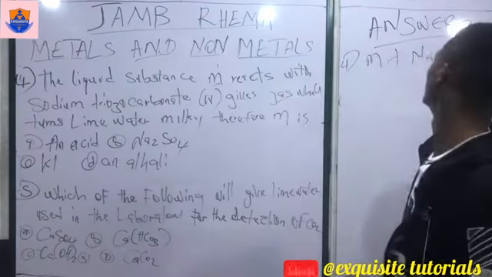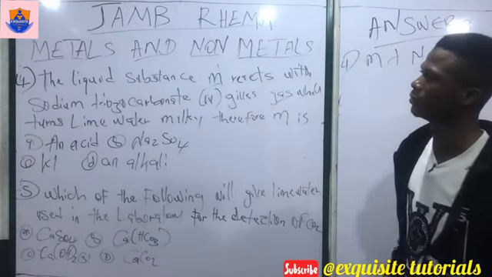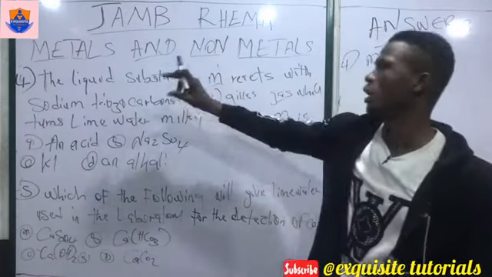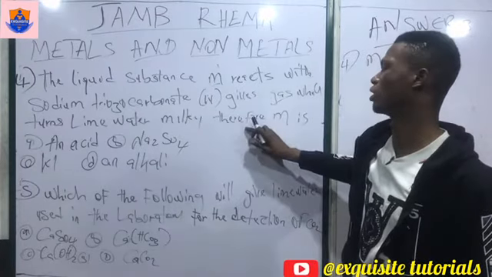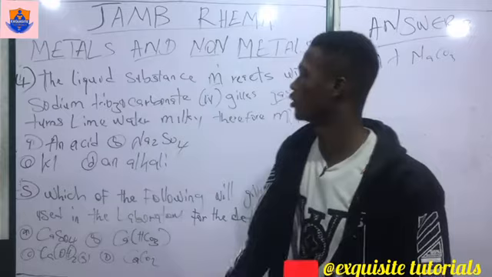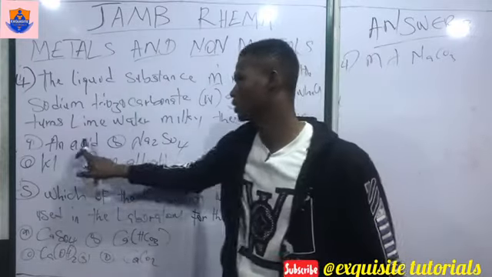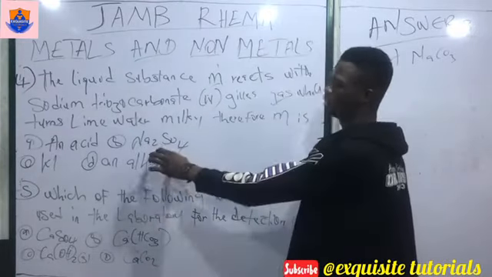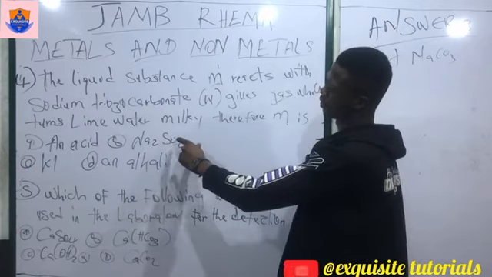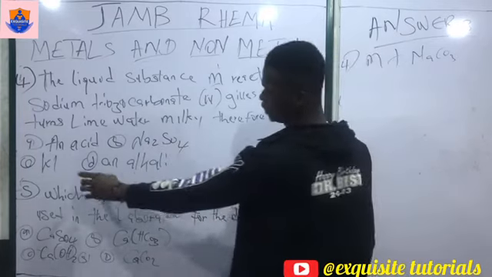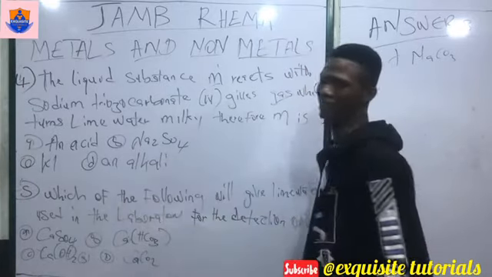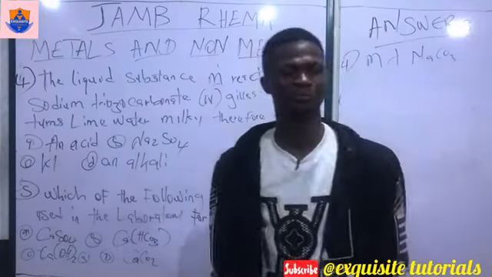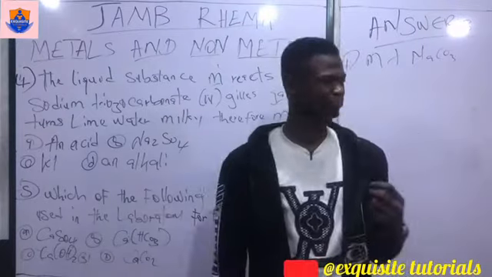Let's proceed. On the options, M is an acid, M is sodium tetraoxosulfate(VI), M is potassium iodide, or M is an alkali. What is M?